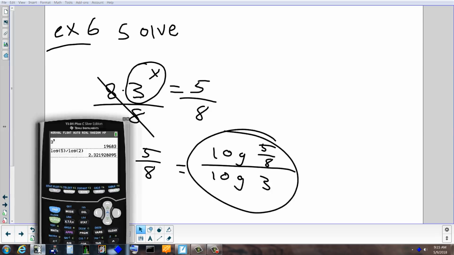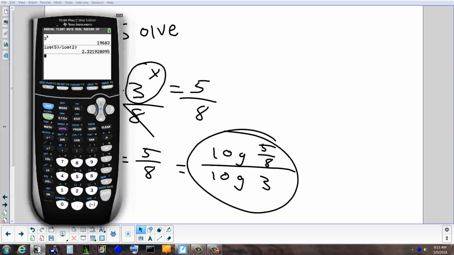Okay, and just to show you how to type in a log with a fraction, you just use the divided by symbol. But it's log of 5/8, close the parentheses, divided by log 3. So you get about negative 0.43.